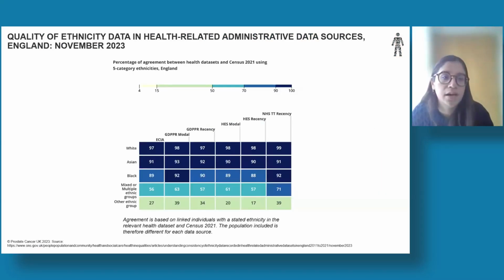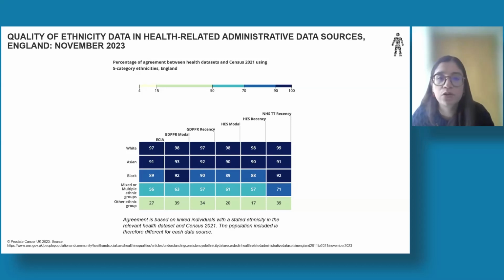This is an ONS report that looked at the quality of ethnicity data in health-related administrative data sources in England. We can see here the percentage of agreement between healthcare data sets and the 2021 census using the 5 categories of ethnicity data.